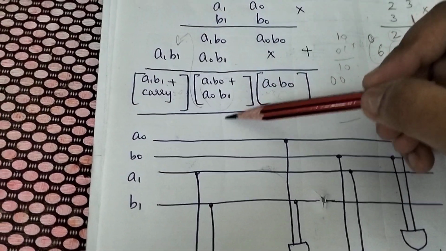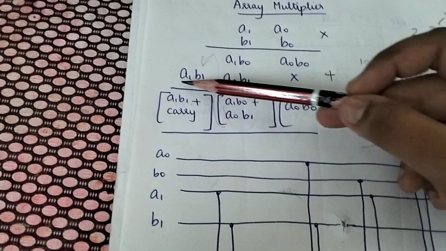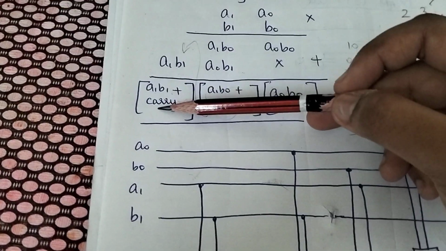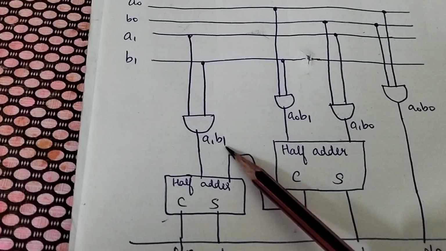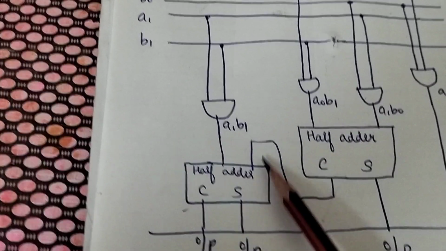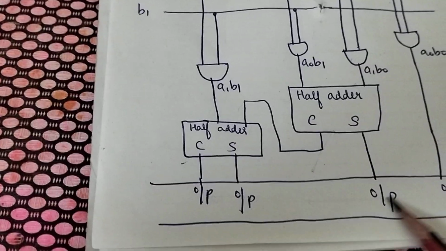Meanwhile, the carry along with the one remaining partial product, their sum becomes the last, or rather the first digit of your final product. So we take the remaining partial product and the carry from the previous half adder, we add both of them, and the sum and carry both become part of your output.